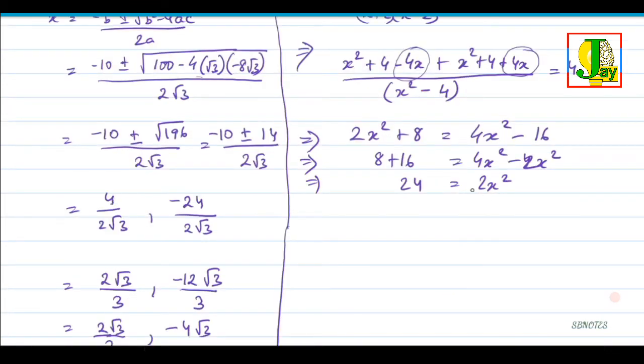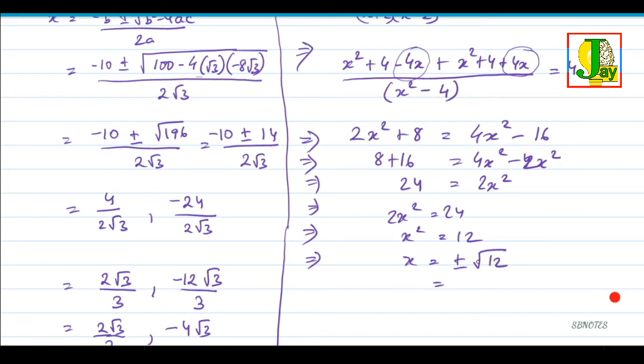So here we don't get a general equation, but it's much easier than the general equation. So you get 2x square equals 24, x square equals 24 by 2, we get 12. Now x is plus minus root over 12.